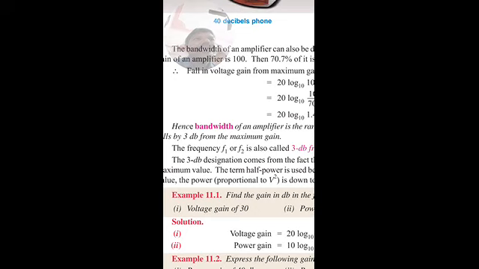In this range, the voltage gain of all frequencies between F1 and F2 will be less than 3 dB from the maximum.